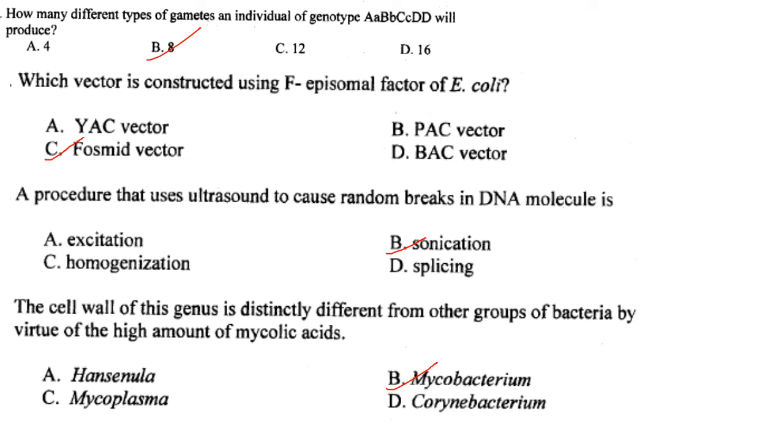Answer is option B. The cell wall of this genus is distinctly different from other groups of bacteria by virtue of a high amount of mycolic acid. So it is Mycobacterium. Answer is option B.